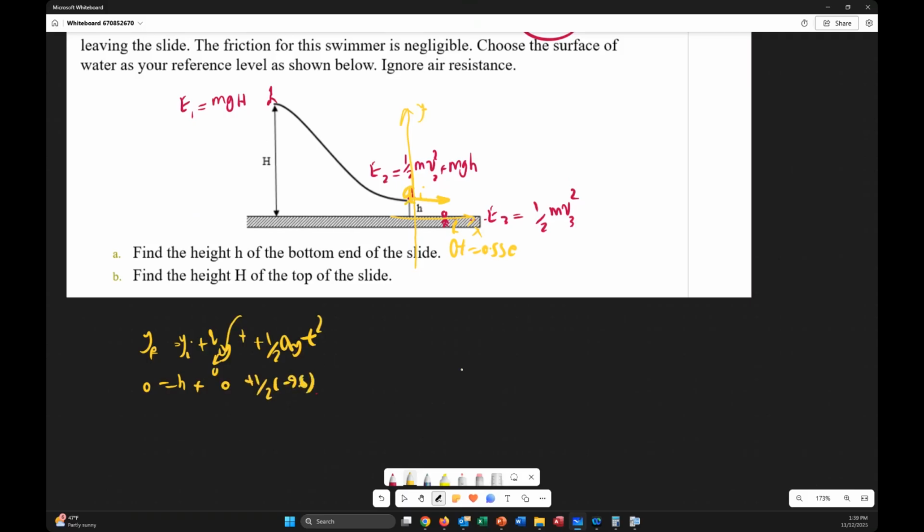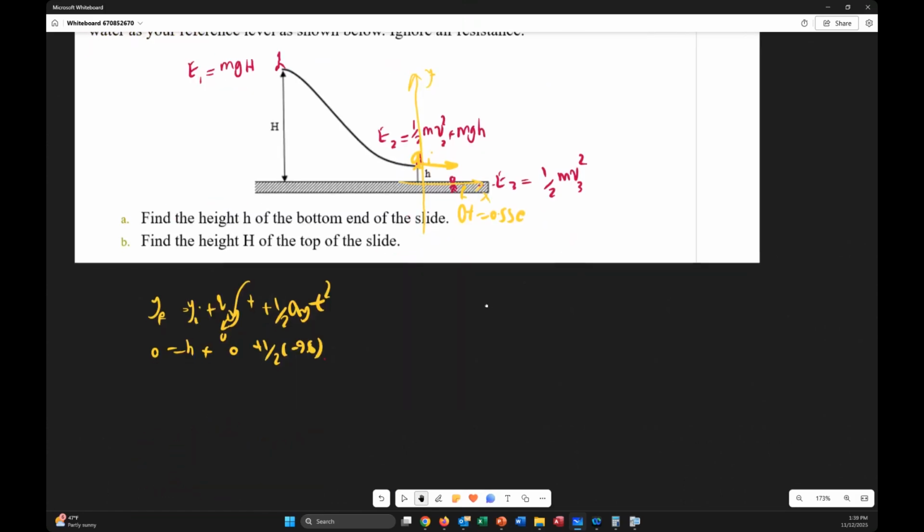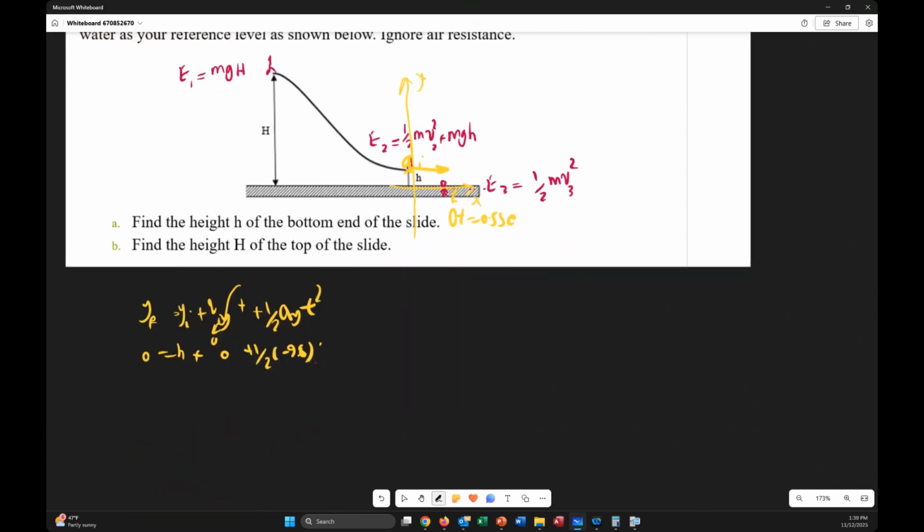How many seconds does it take to reach the surface of the water? 0.5 seconds, to the power of 2. You can calculate the height here. Negative h equals 1/2 times negative 9.8 times 0.5 squared.